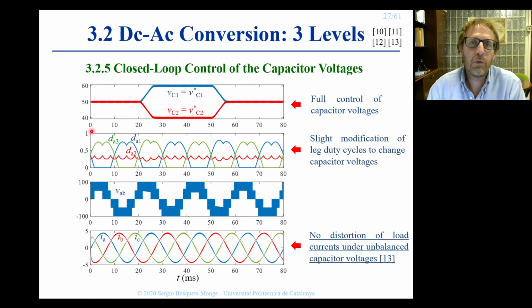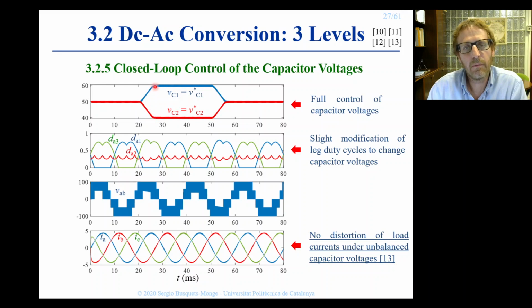In this simulation, we can check the good performance of this closed-loop control. Initially, in the simulation, the commands of the two capacitor voltages are the same. They are set at 50 volts. And the real capacitor voltages follow the references since we are using the virtual vector pulse width modulation. At this point in time, we separate the references for the voltages of capacitor 1 and capacitor 2.